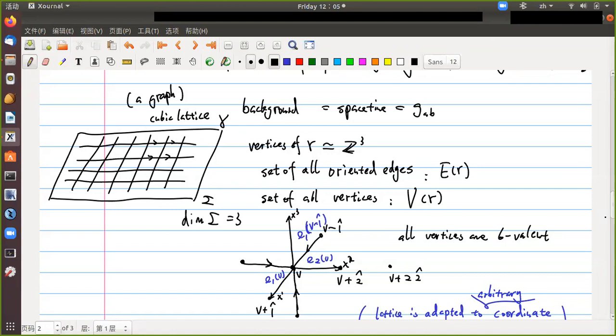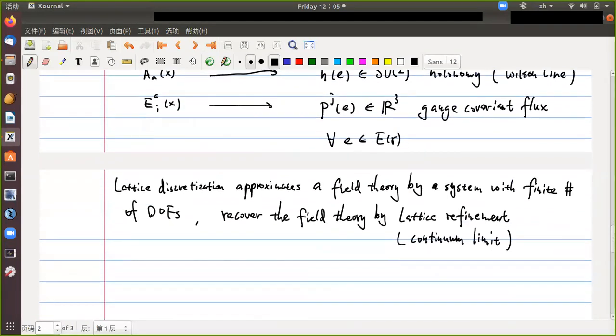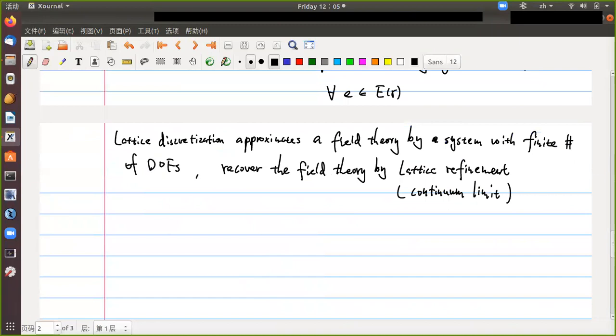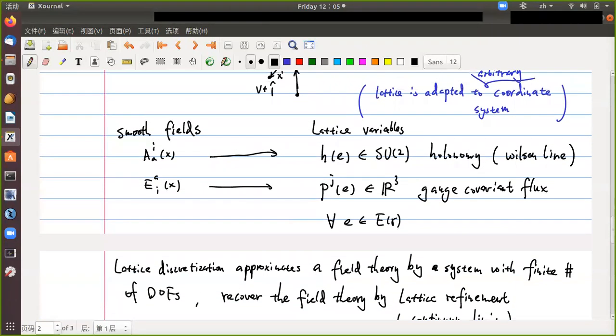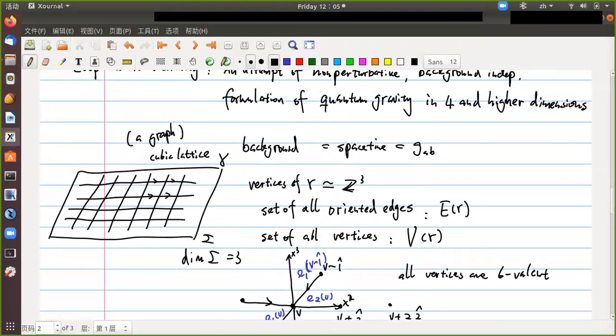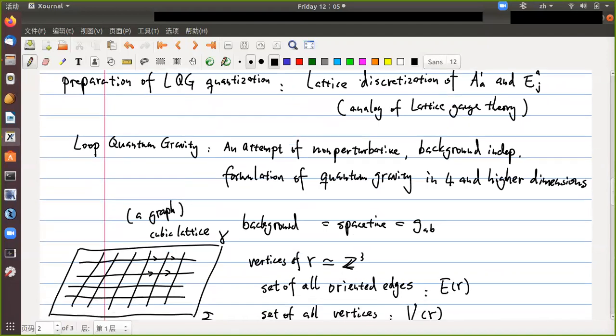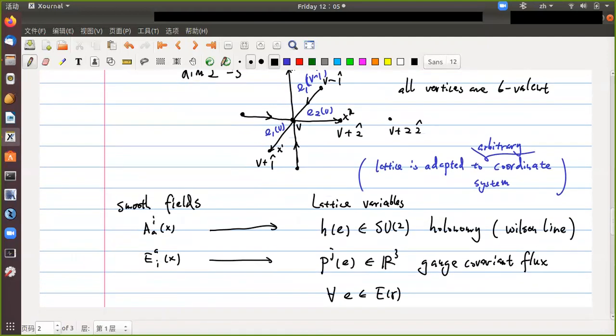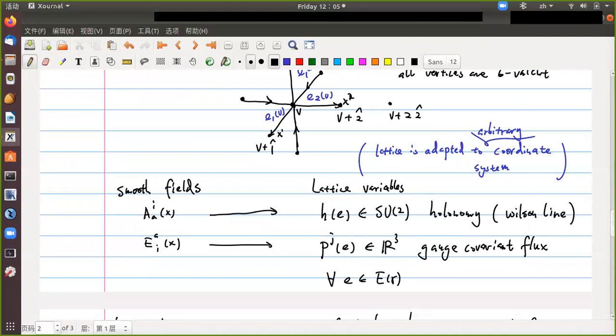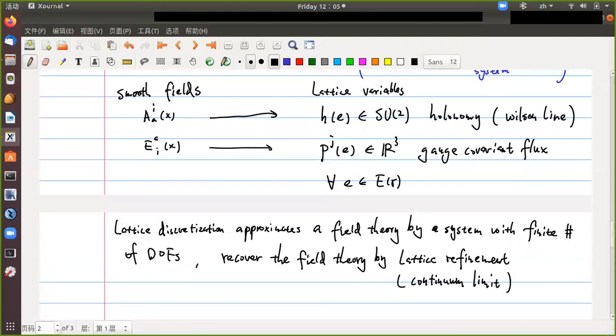Then we should recover our field theory on the continuum. So this is the logic. So far everything is still classical, and that's why I say it is the preparation for the LQG quantization. At the moment, we're just trying to define those classical lattice variables, and then we quantize those lattice variables afterwards.